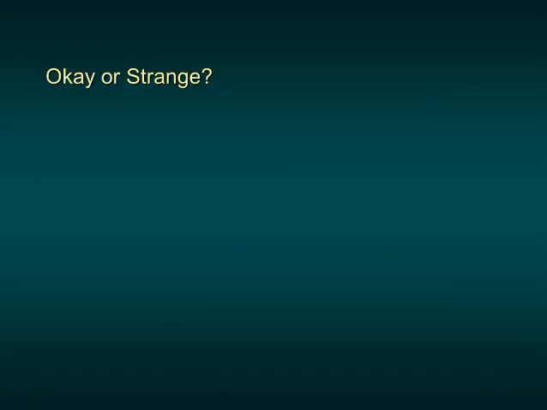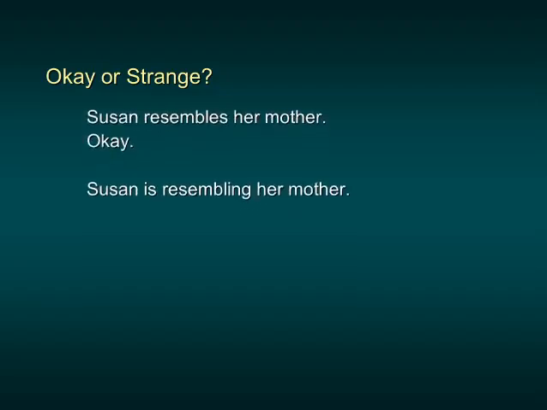Example. You see, always we are using simple present. Susan resembles her mother. Resembles means the shape is the same. She is getting the same shape as her mother. Susan resembles her mother.